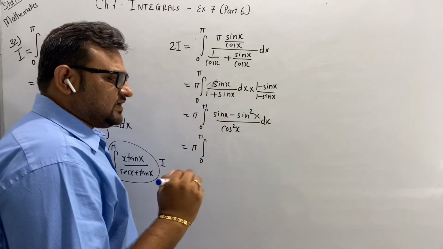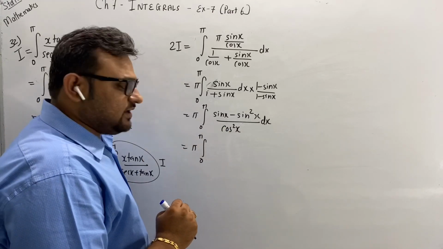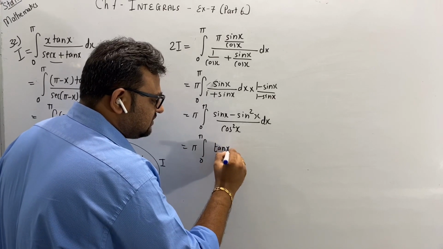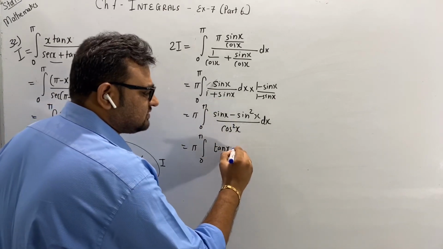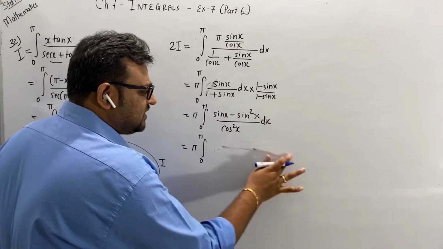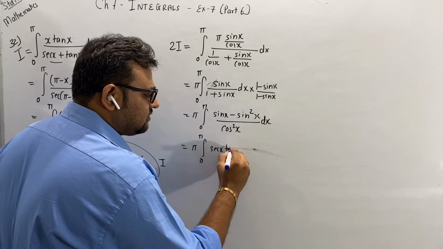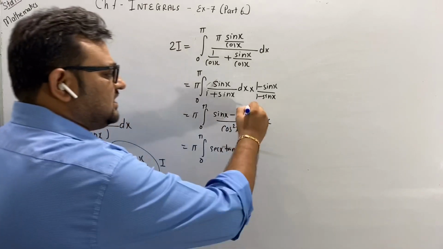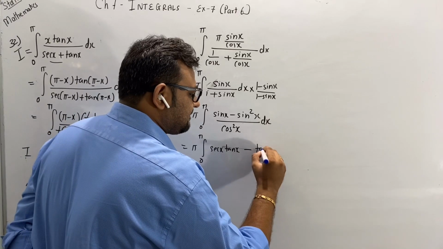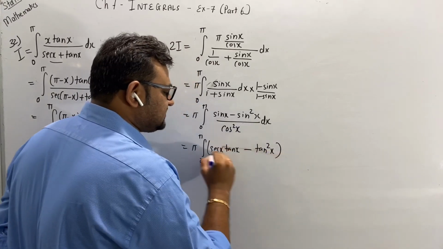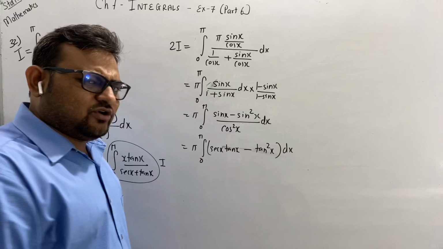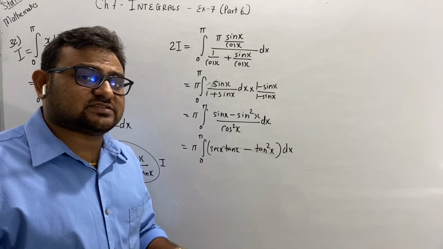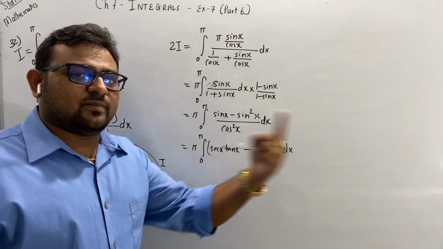Now let's separate it. Sin x upon cos square x. There are cos square. So sin by cos is tan x and 1 by cos is sec x. So let's write down sec x tan x minus sin square by cos square, tan square x dx. Now we know that the integration of sec x tan x is sec x. What is the integration of tan square x? If it was sine square, 1 minus cos 2x by 2.